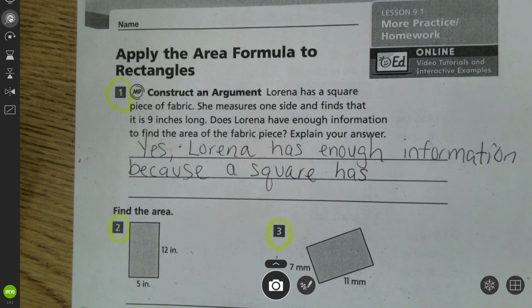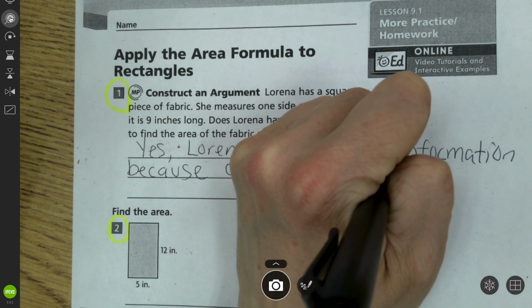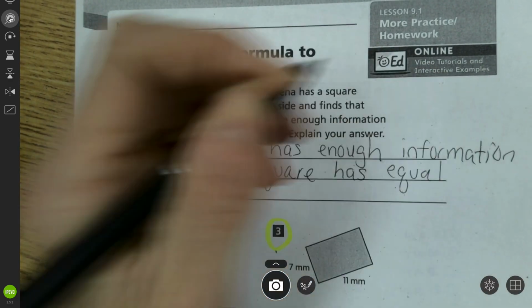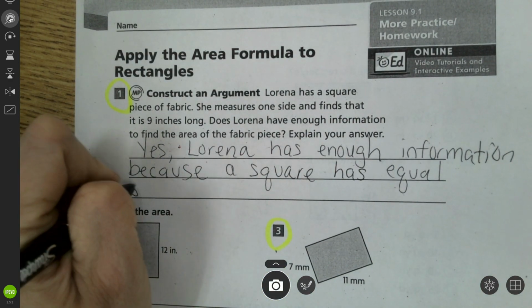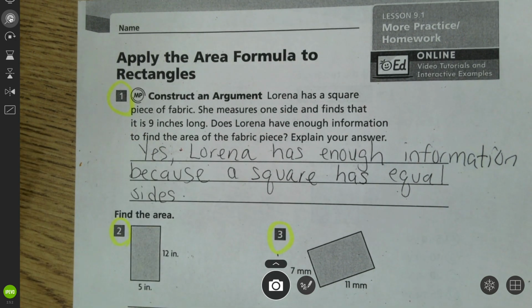What's special about a square? It has equal what? Sides. Equal sides. Good. Or you can say because the length of each side of a square is the same. But this is fine, has equal sides.